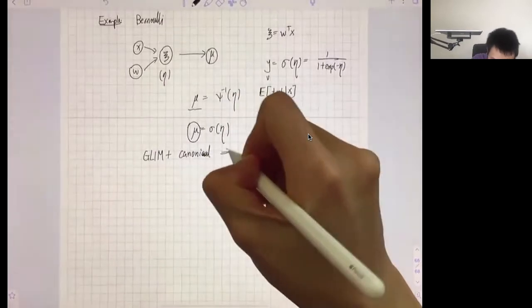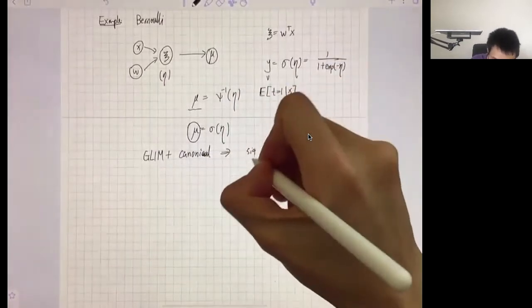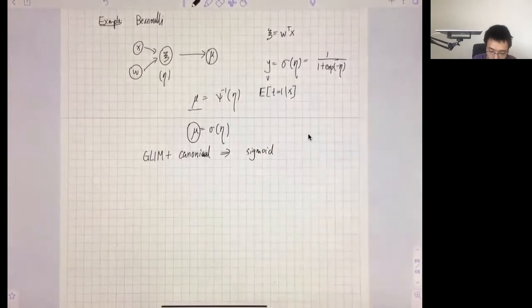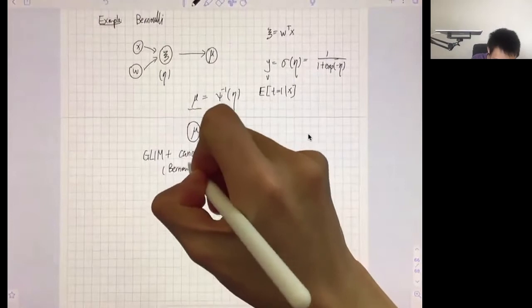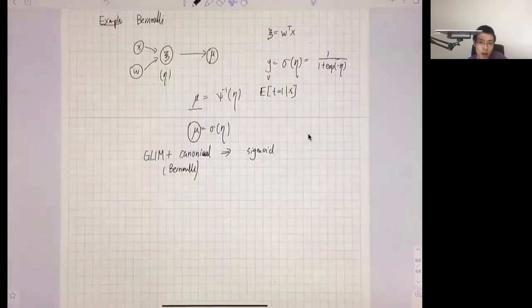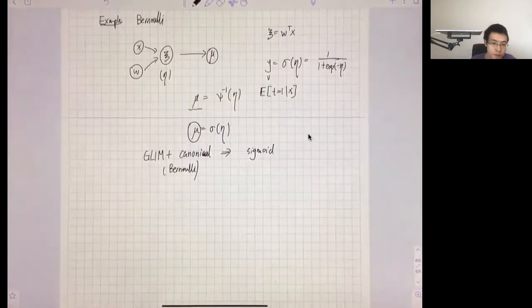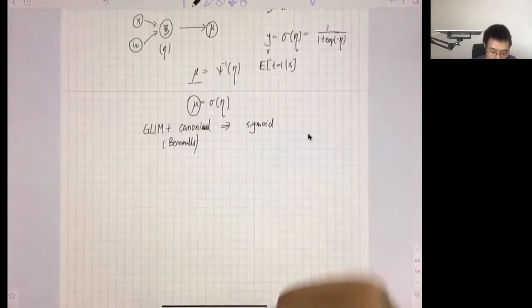Okay, then it gives me the sigmoid function, of course, for the Bernoulli case. And for the categorical case, you get the softmax regression, okay?